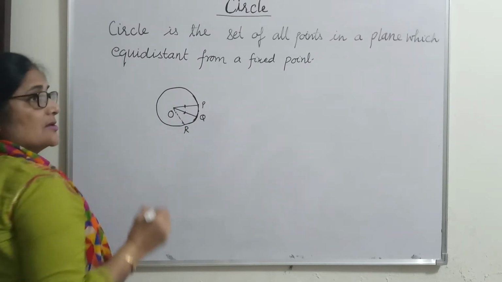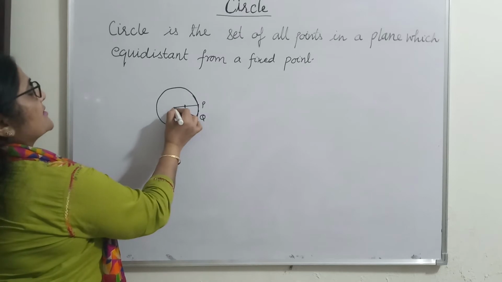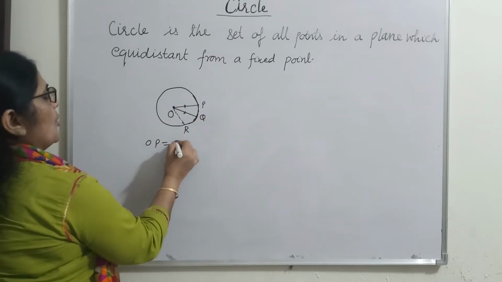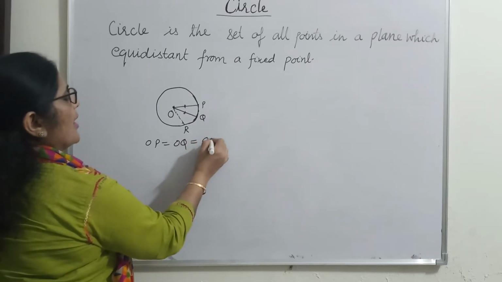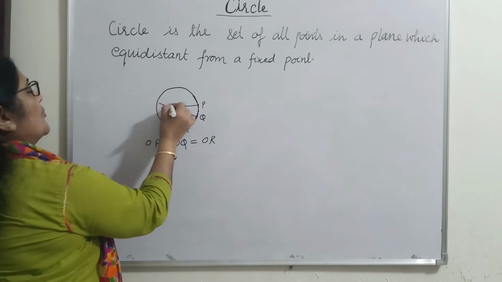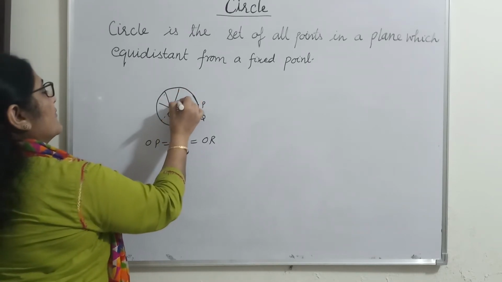There are so many points which are equidistant from a fixed point. OP is equal to OQ is equal to OR. Similarly, there may be more points which are equidistant from the fixed point.